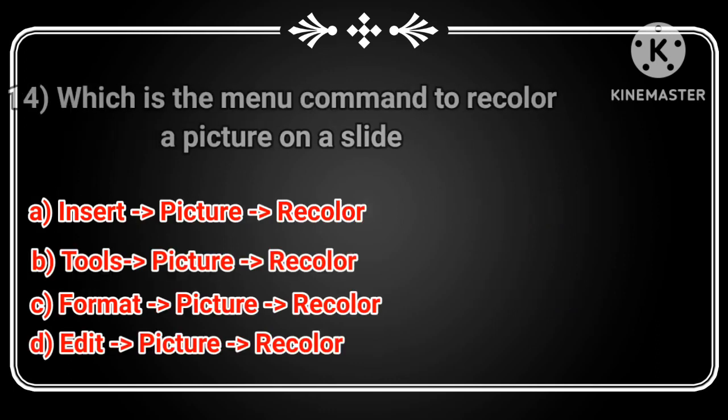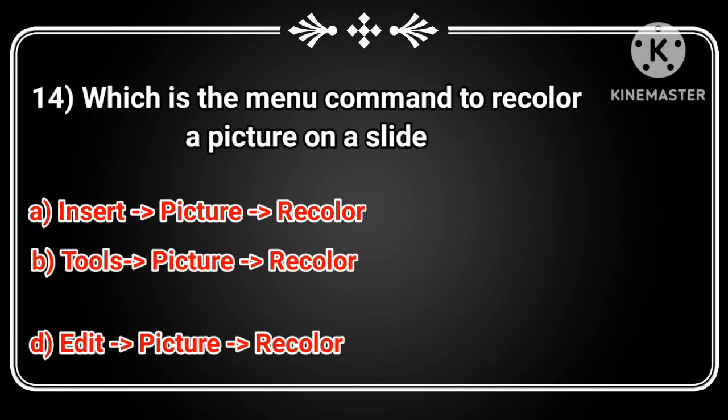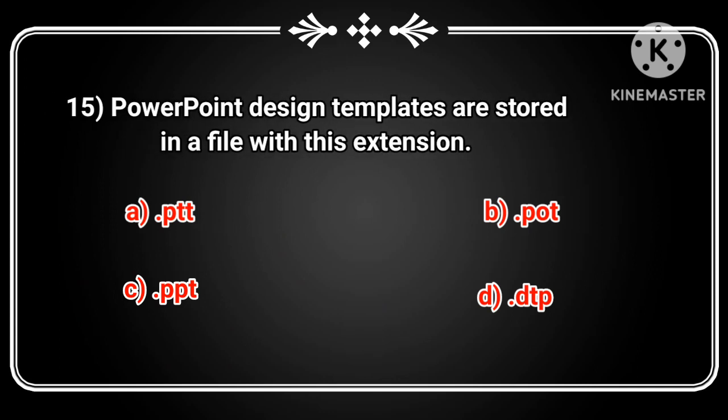In PowerPoint, when the mouse pointer appears as this, it indicates that the draw table feature is on: Pencil. Which is the menu command to recolor a picture on a slide? Format, then picture, then recolor. PowerPoint design templates are stored in a file with this extension: .pot.